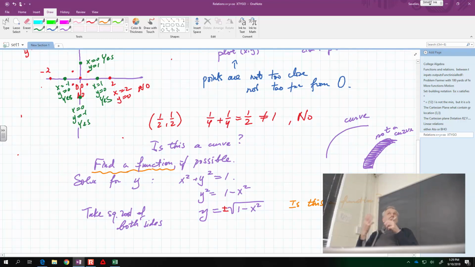Well, do you remember how functions operate? So there's input and there's output. What's so special about this relation between input and output which will make it a function?